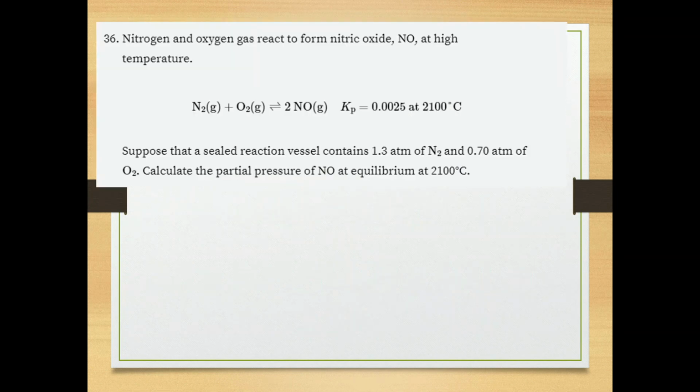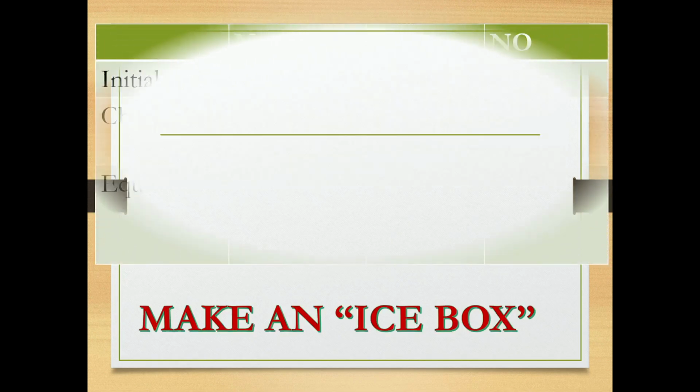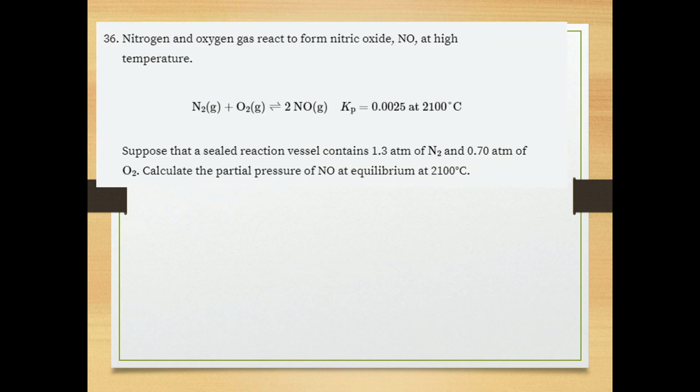Nitrogen and oxygen go to NO. My Kp is 2.5 times 10 to the minus 3. Looks like it's low, but if I do my ratio of the initial, in this case, pressure to the K, whoops, I'm going to find it's not over 1,000.